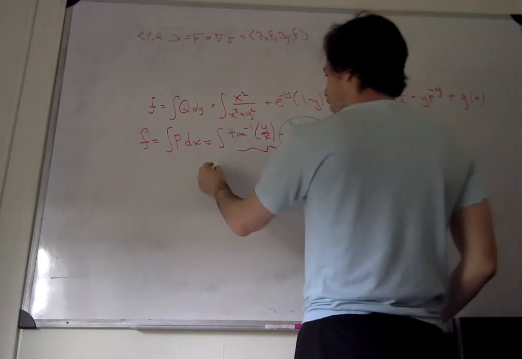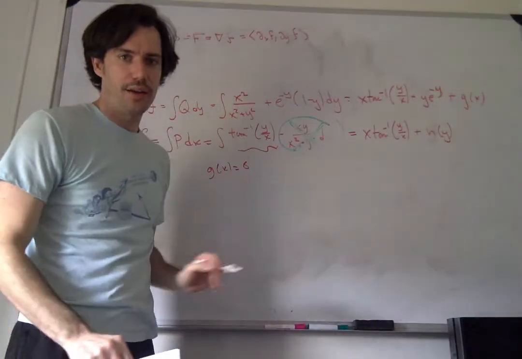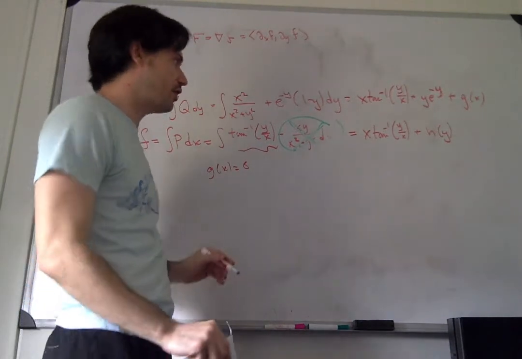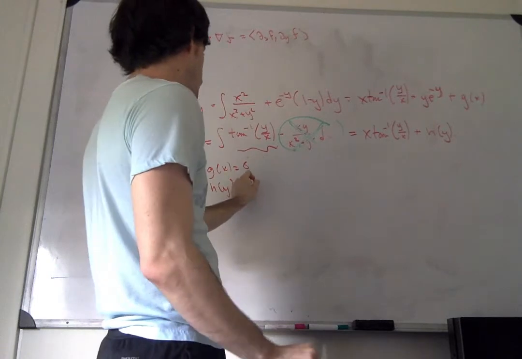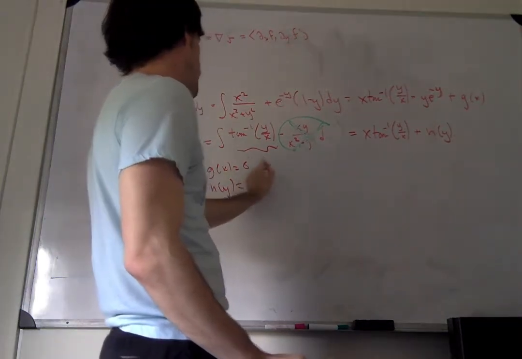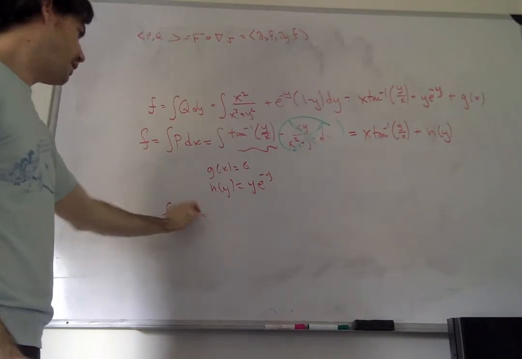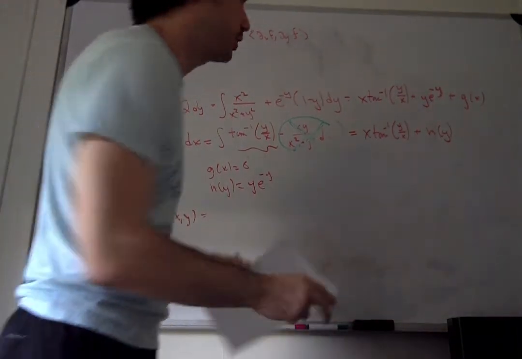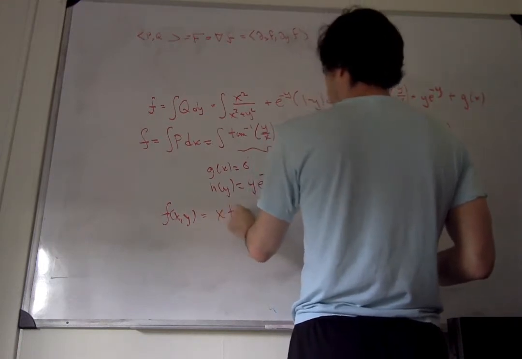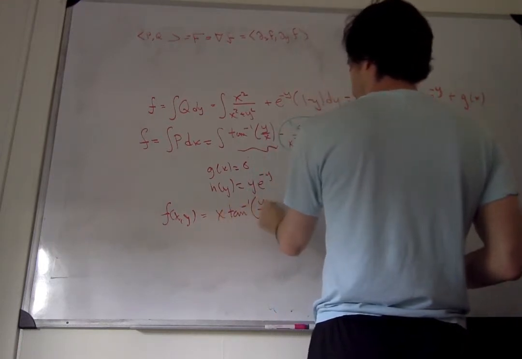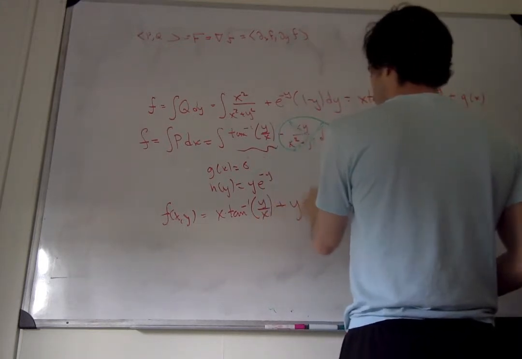So you see that, by comparing them, g of x is equal to 0, and h of y is just y e to the minus y. Okay, so therefore, f of xy, our function, this is x arctan of y over x plus y e to the minus y.